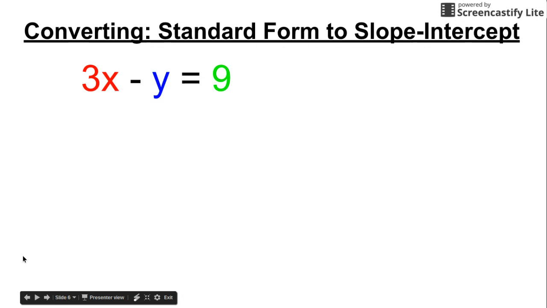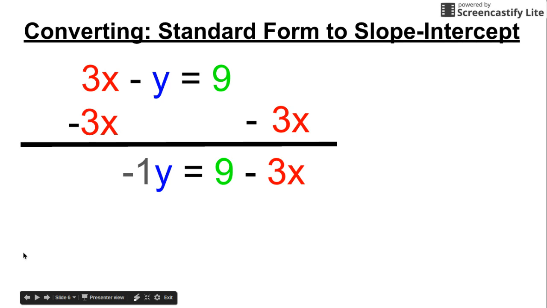All right, what's that look like in action? 3x minus y equals 9. First thing we need to do is isolate our y. So we're going to subtract 3x from both sides, giving us negative 1y equals 9 minus 3x. And I just put the 1 there so we can see what the coefficient on y is. Make sure that you're bringing this negative down. That's attached to your y variable.